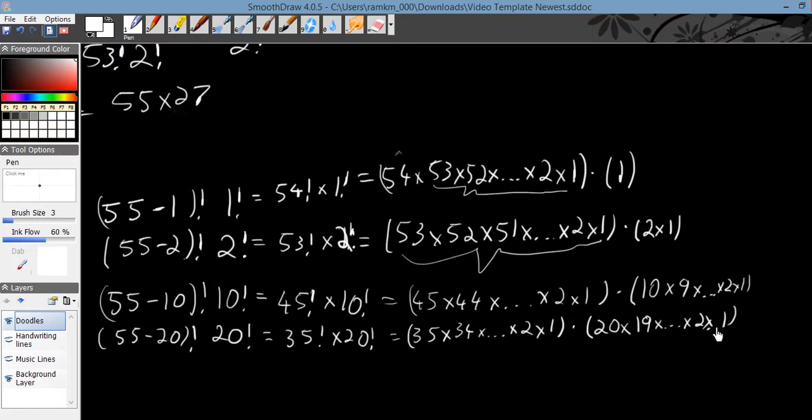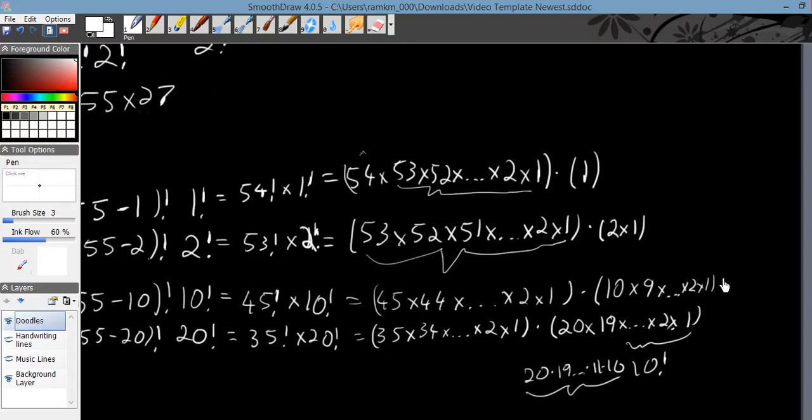Well, what about this one? This contains 20 factorial, which consists of 10 factorial and 20 times 19 and so on times 11 times 10. Those are the two components. So we have 10 factorial here, 10 factorial here, 35 factorial in both situations. The point of difference is really the other 10 numbers: they are 11 through 20 here, whereas they're 36 through 45 in this case.